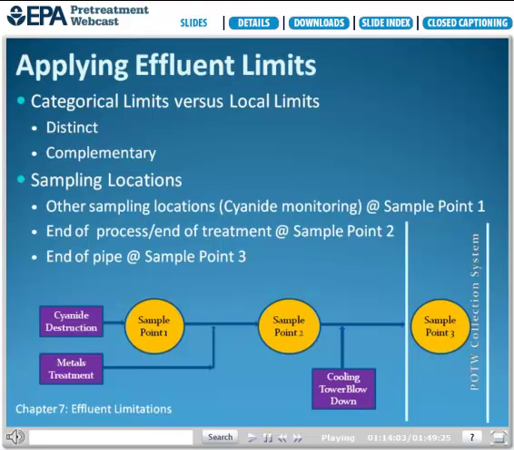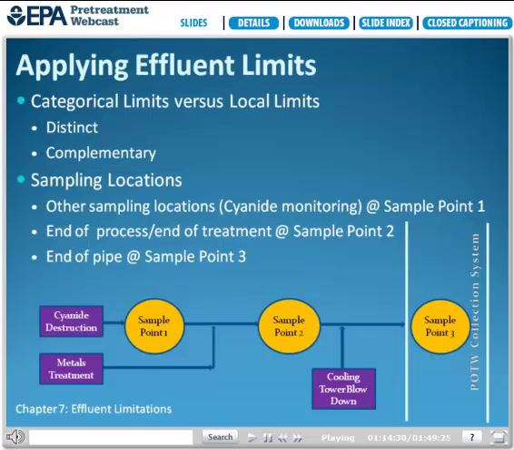Sample point 1 indicates the sample prior to the combined metals treatment where cyanide destruction has taken place, and that's an alternate site that can be used to monitor for those users that have cyanide.